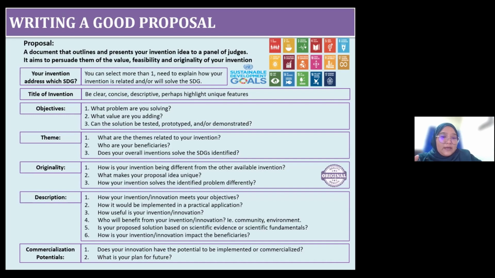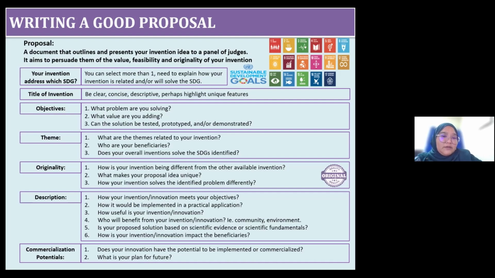And since the objective shows a problem that you're going to solve, here you go deeper to spell out who your beneficiary is. It's more of a focus on who your target or potential user or customer is, who is going to benefit from whatever problem you're going to solve.